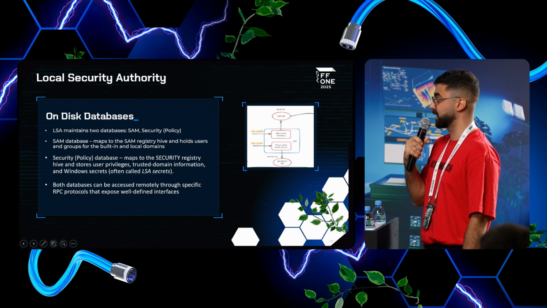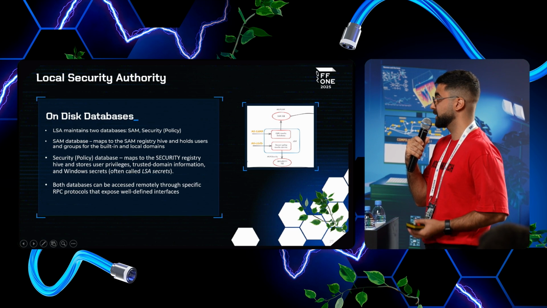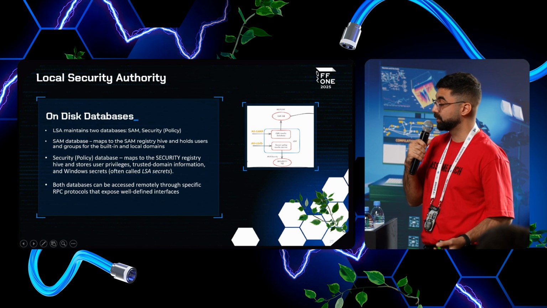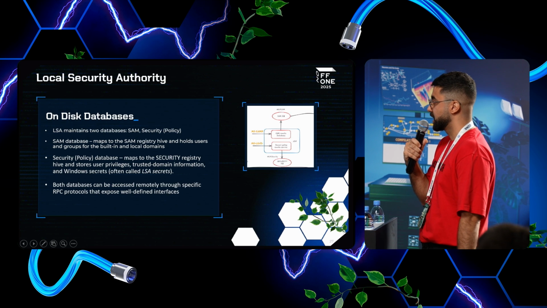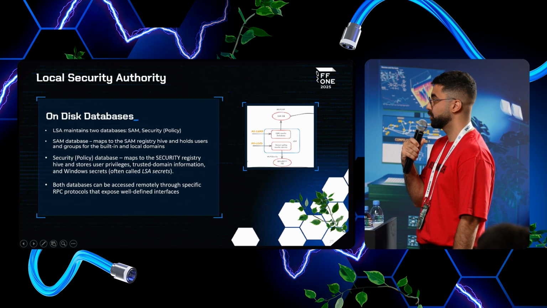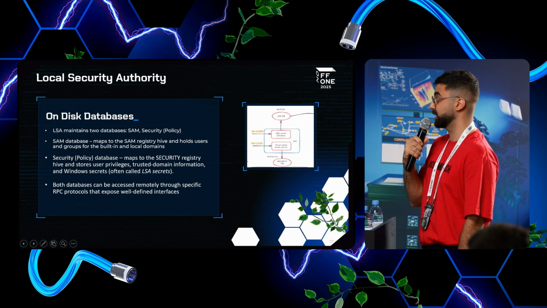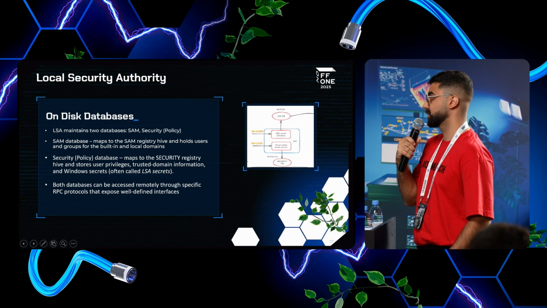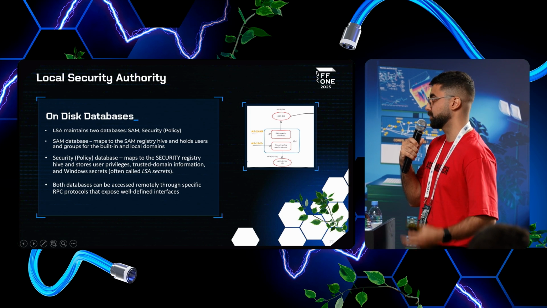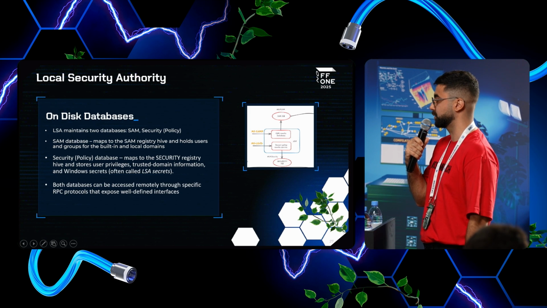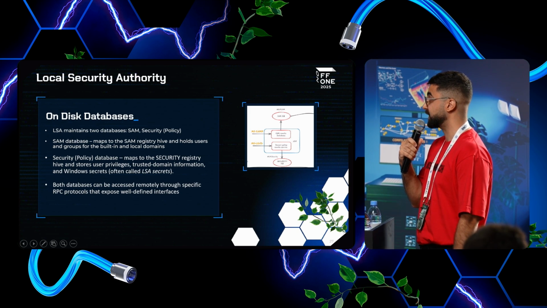Under it you will find user privileges, trusted domains, and Windows secrets, which we call LSA secrets. You can access both databases remotely through two protocols: the first is MS-SAMR and the second is MS-LSAD, which are exposed as RPC interfaces. So you bind these interfaces and start calling functions to access both databases.